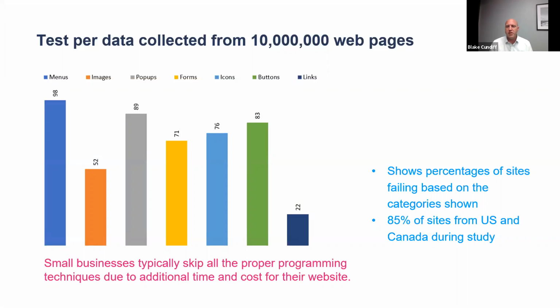If it can't be seen, there should be alternate text that can explain what's happening there. The third one was pop-ups, and pop-ups drive me crazy, but it's actually a critical piece of accessibility here. Very few audits will pass this test, even when using a so-called accessible pop-up plugin and service.